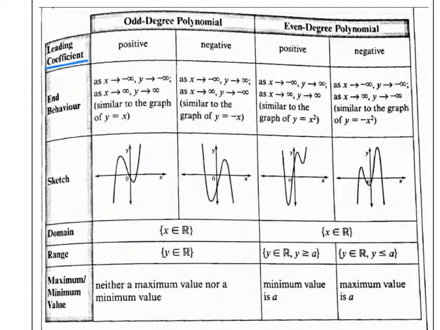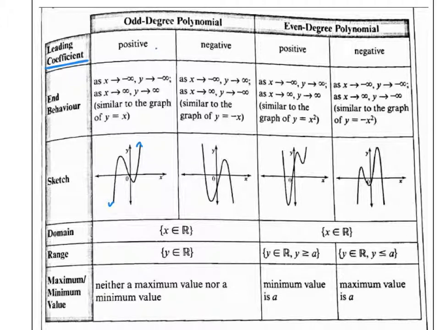So you notice if you have an odd degree polynomial with a positive leading coefficient, that its end behavior is also in the graph, where as it goes to the negative x, it goes down towards negative y. And as it goes to positive infinity, the y also goes to positive infinity.